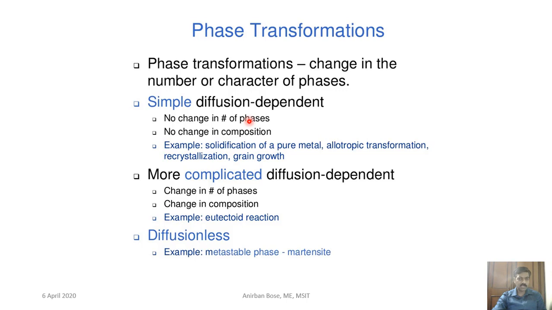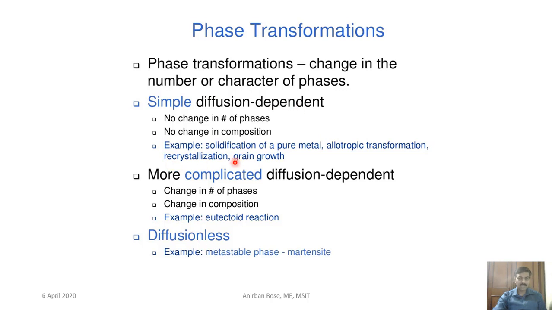You just take a very simple example like when water will be converted into ice. In that phase transformation, basically water remains water, that means the H2O in ice also, so there is no change of composition and there is no change of number of phases because it was initially liquid, then it will be solid, but the number of phases remains same because of that transformation. So this kind of unary systems have this kind of simple diffusion dependent transformation.